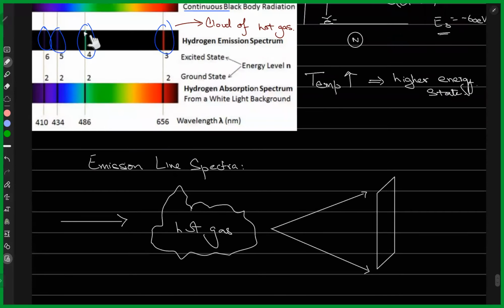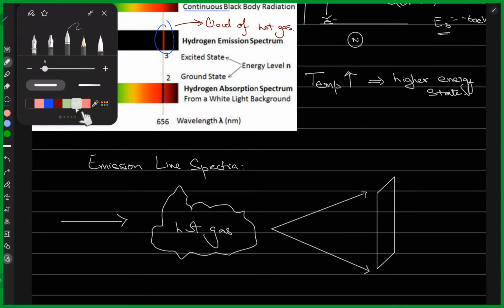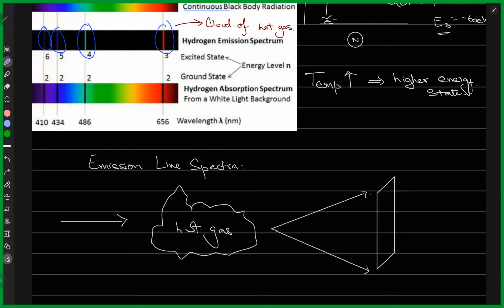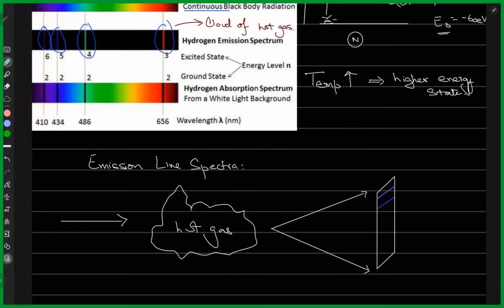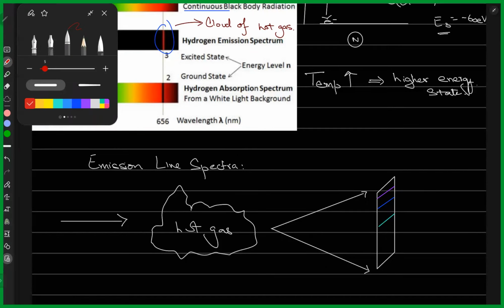On this black screen, at one point you will see a completely violet line. So let's try to do that. Here you will see a violet line, then you'll see a blue line, and then a bit further apart from it, you would see a green line, and then finally at one end, you're going to see a red line.